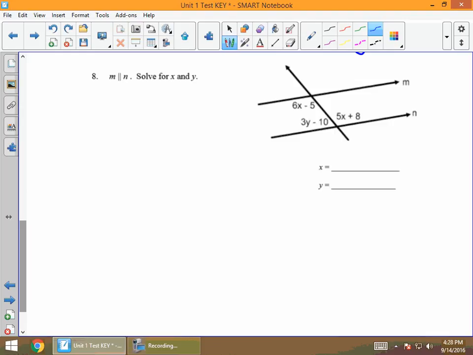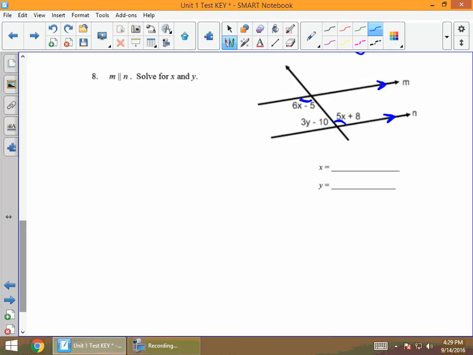So for 8, it says M and N are now parallel. These two lines are parallel. So solve for x and y. I have 2 angles that are involved with x. So this angle here is x. This angle here is x.